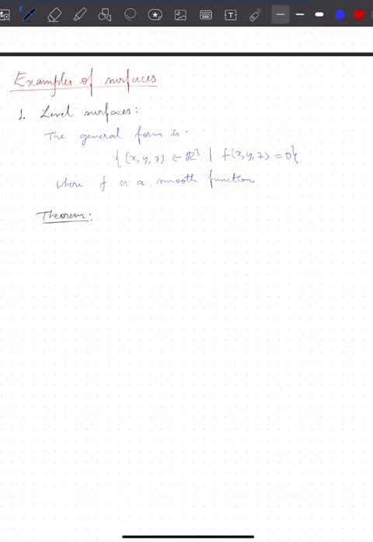It states that: let S be a subset of R cubed with the following property.